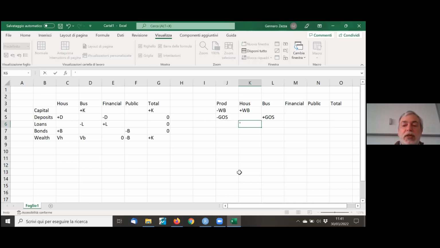So we'll have interest obtained on deposits, which are paid by the financial sector, and interest paid on loans, which are gained by the financial sector, and interest obtained on bonds, which are paid by the public sector.